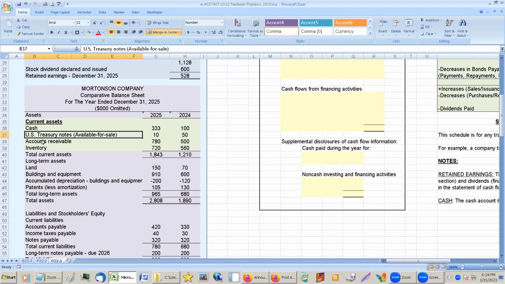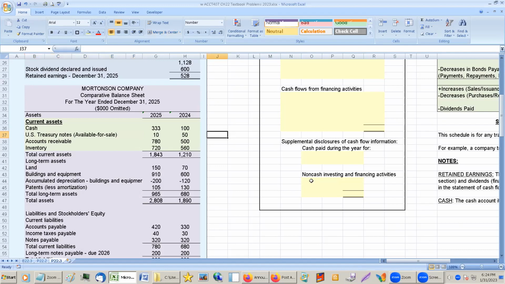U.S. Treasury notes. They bought U.S. Treasury notes and they must have sold some of them because they went from 50 down to 10. So did the cash go up or down? Cash went up. Yep. Good. So I'm going to put it on the side here. So cash would go up by 40.